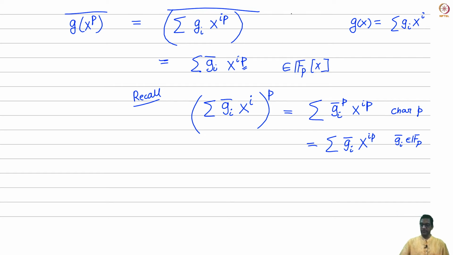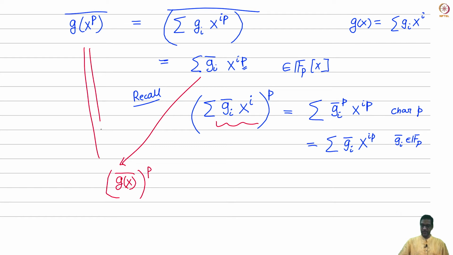So finally we conclude that this quantity here is nothing but you take g(x) bar, that's the thing inside here, and you raise it to the p. So g(x^p) bar is the same as g bar of x whole power p.